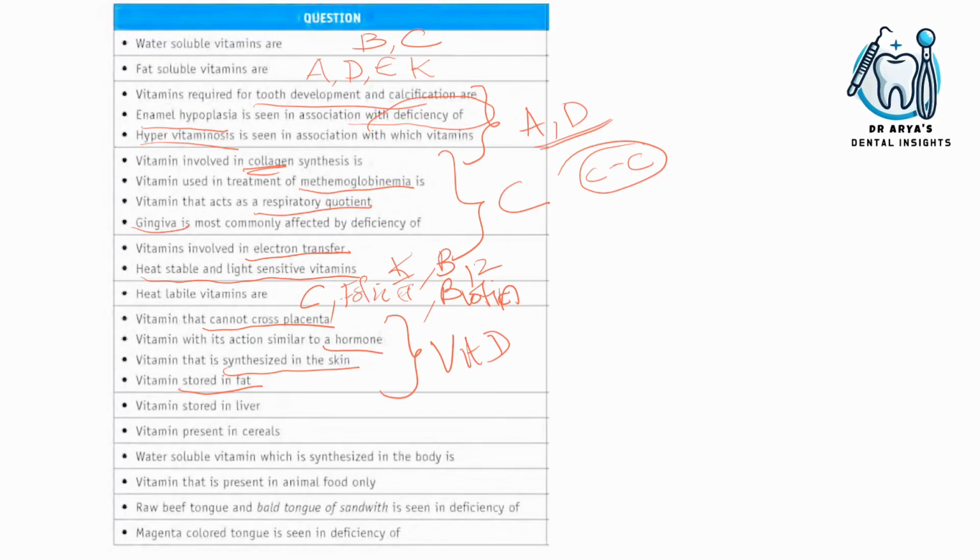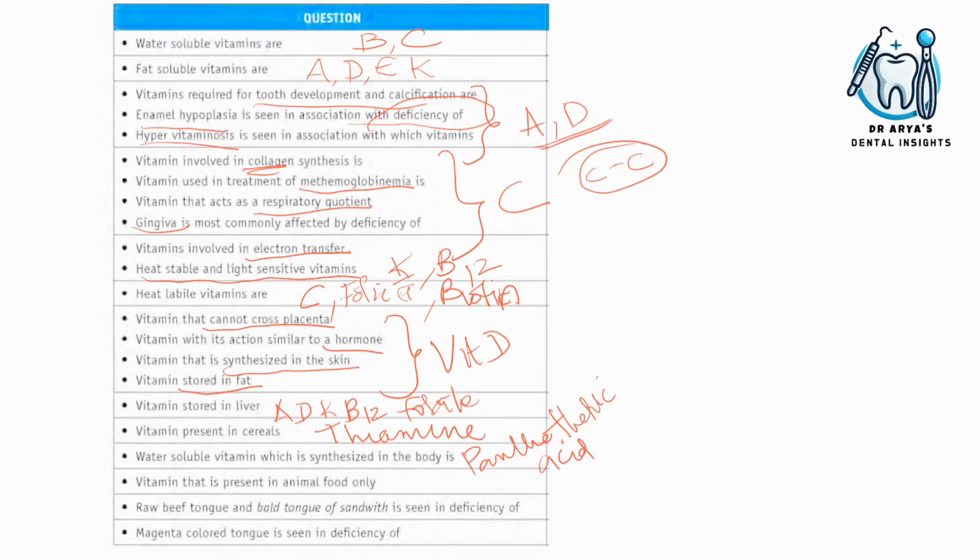Then which vitamin is stored in liver? It is A, D, K, B12 and folate. These are the vitamins stored in liver. Which is the vitamin present in cereals? It is thiamine. Water soluble vitamin which is synthesized in the body is pantothenic acid.